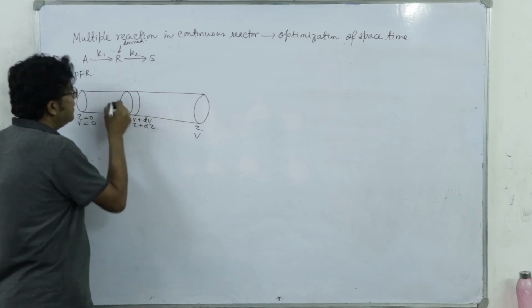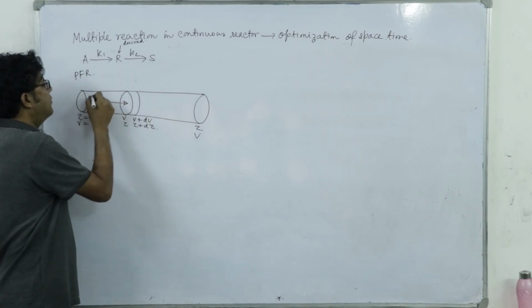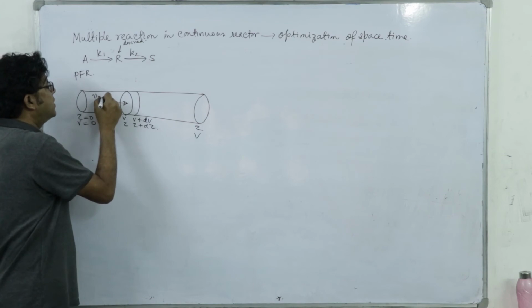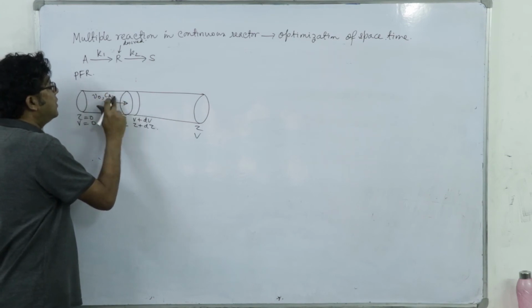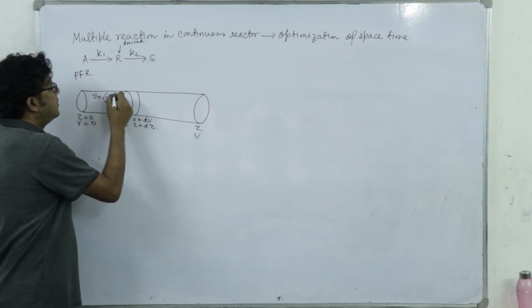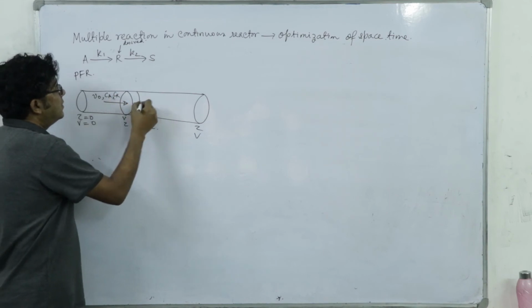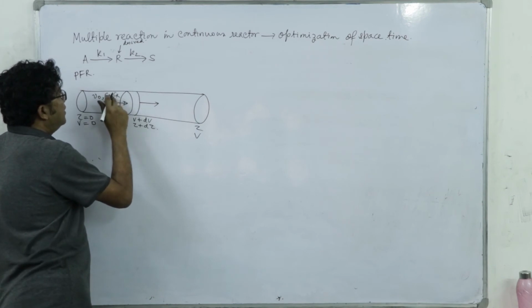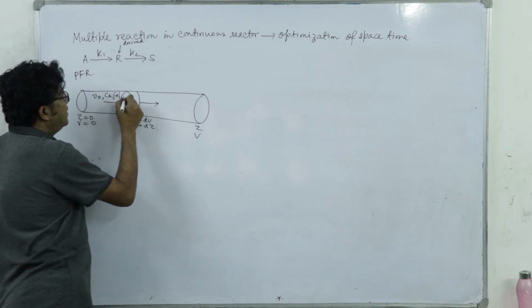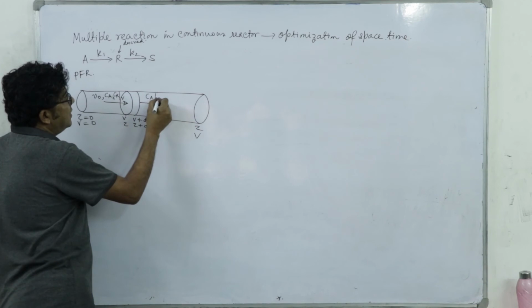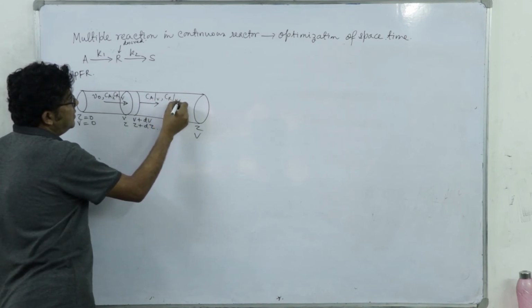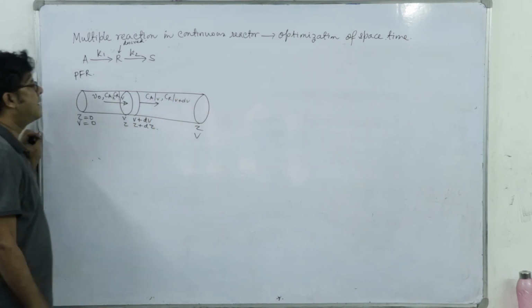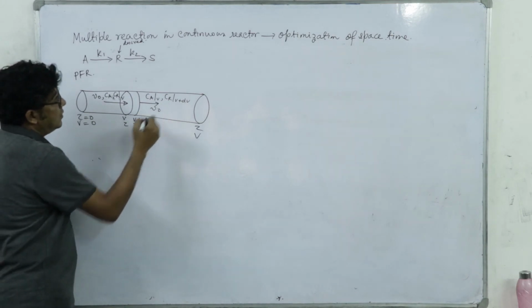Right. So here we have V naught, CA naught, CR, and here we will have CR, CA at V, and here CA at V, CR at V plus dV, etc. Right, and the V naught.